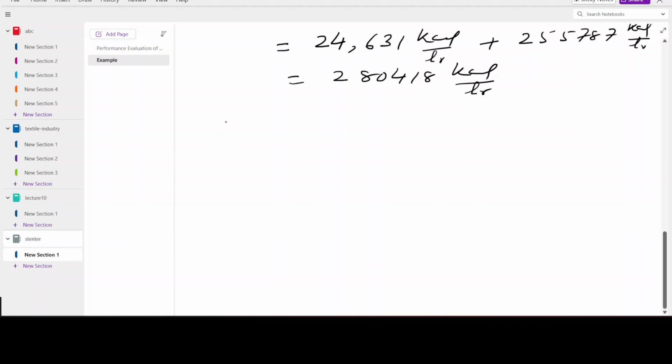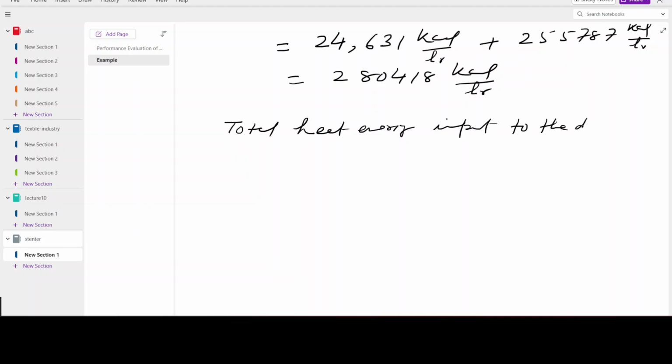Now we have to find the total heat energy input to the dryer. For this, we have two pieces of information given here.